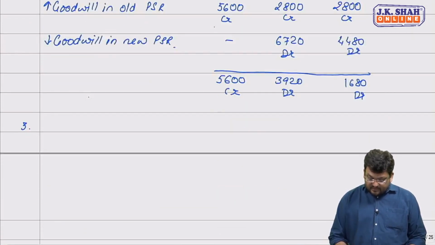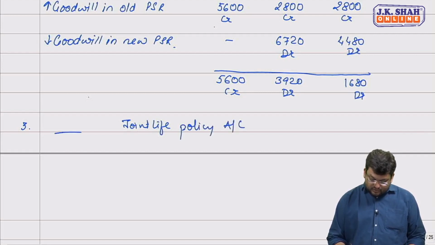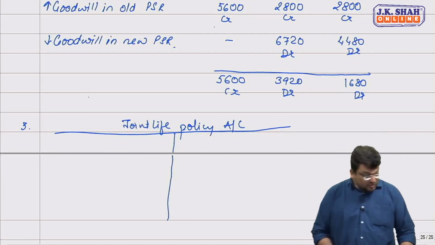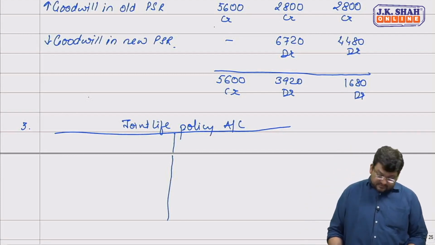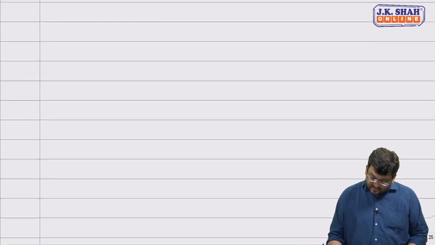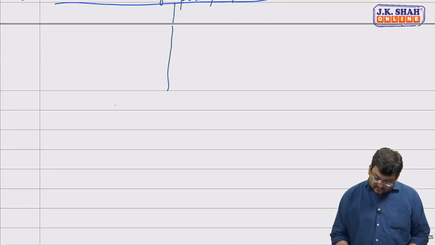If we prepare a joint life policy account, and there is also a balance in joint life policy reserve, so we need to also prepare a joint life policy reserve account.